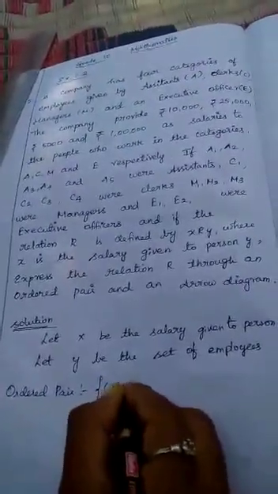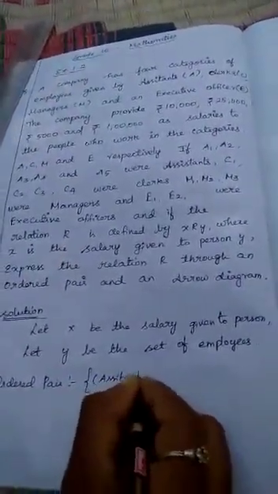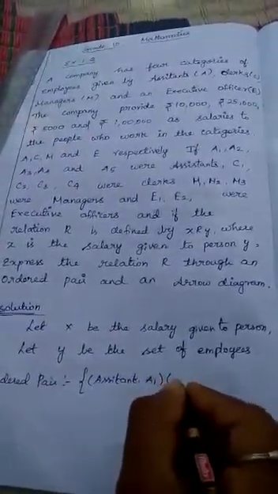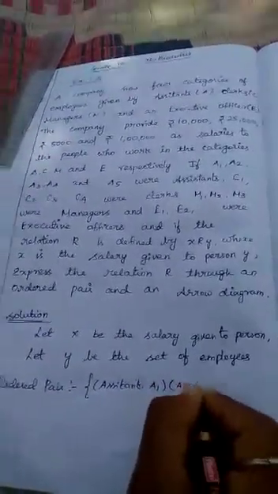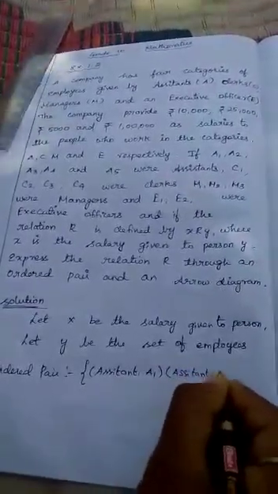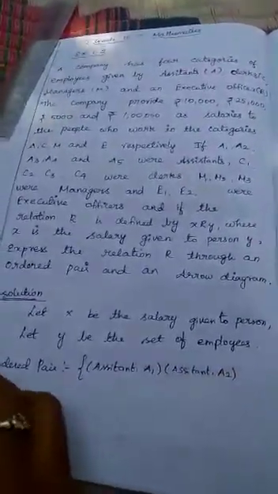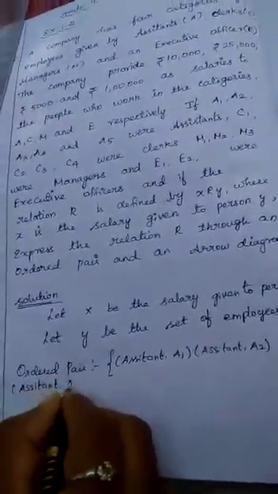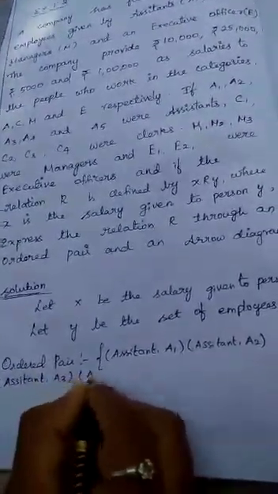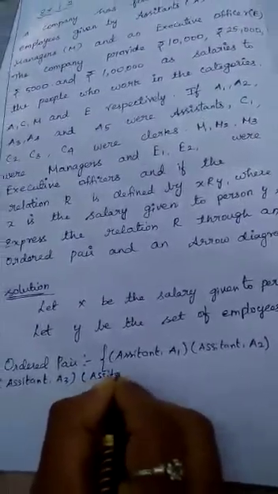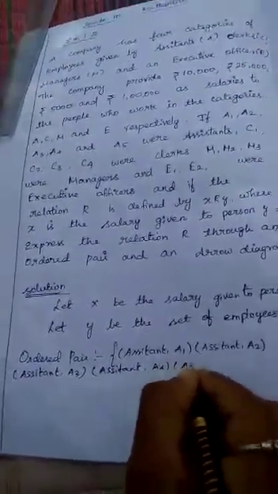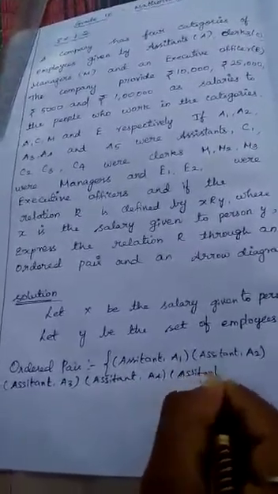Assistant comma A1 is the first value in the ordered pair, and assistant comma A2, assistant comma A3, assistant comma A4, assistant comma A5.